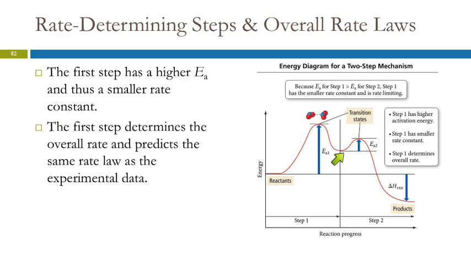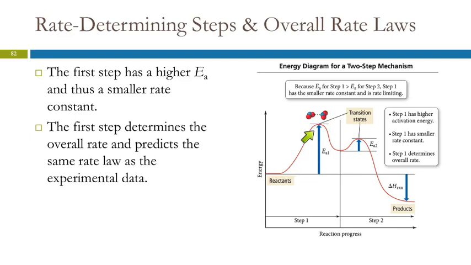And then the second step is also going to have an activation energy. Everything has some sort of an activation energy, and so we have to get up over that hill and then down. Overall, this is an exothermic reaction, and so the products are lower in energy than the reactants are.